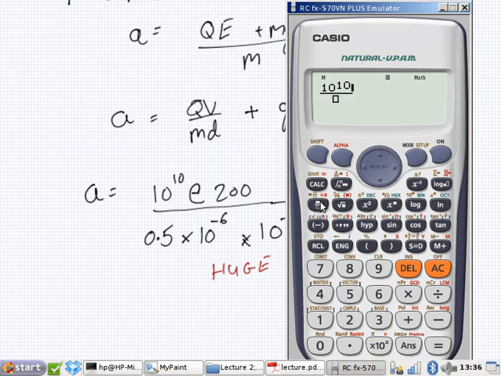10 power 10. You forgot the E? Careful. What's the last one?